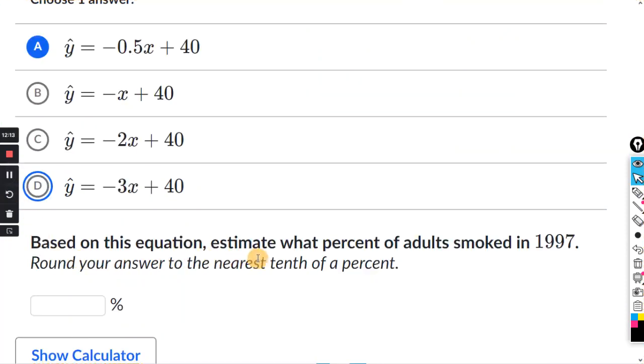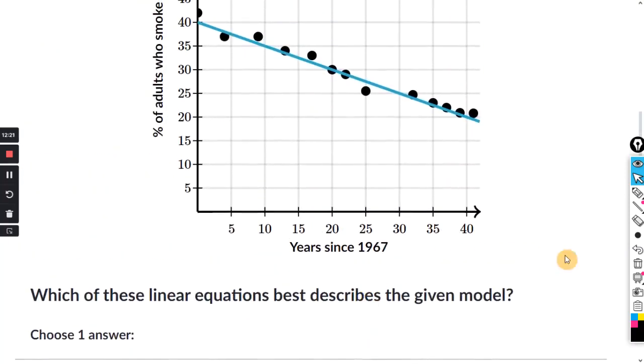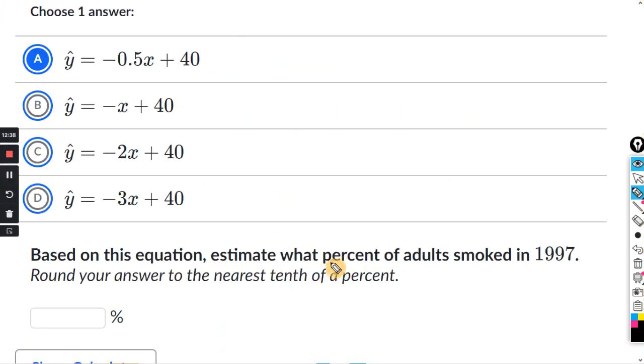Based on this equation, estimate what percent of adults smoked in 1997. Like we said before, this is the x-axis, the year since 1967, and this is the y-axis, the percent of adults who smoke. So the percent of adults who smoke is going to be the y.